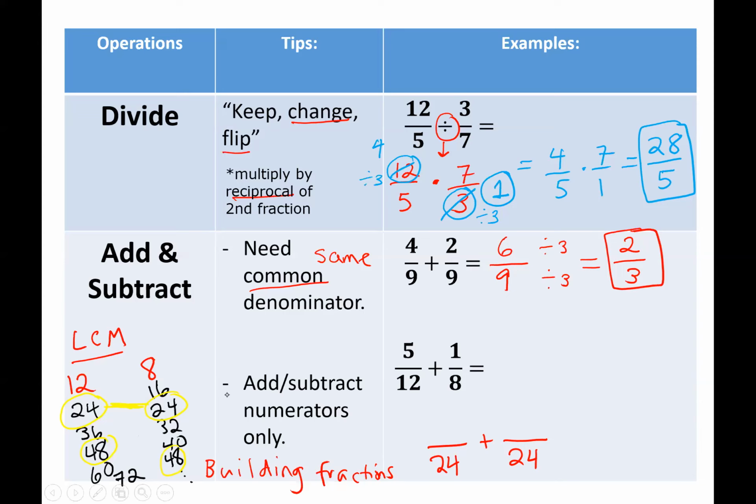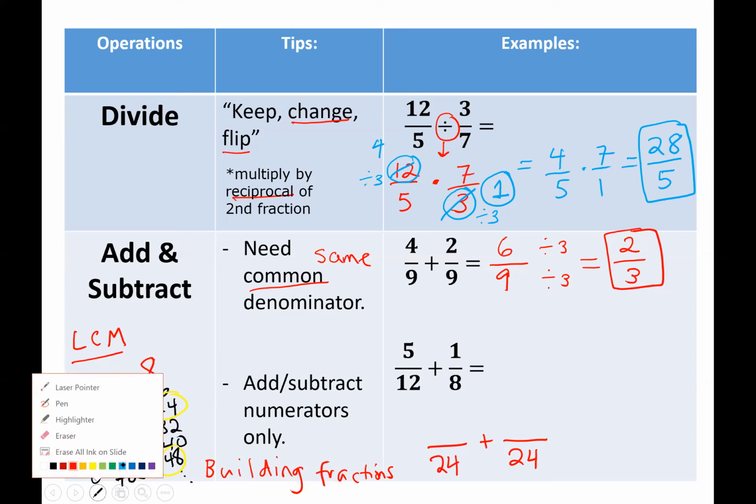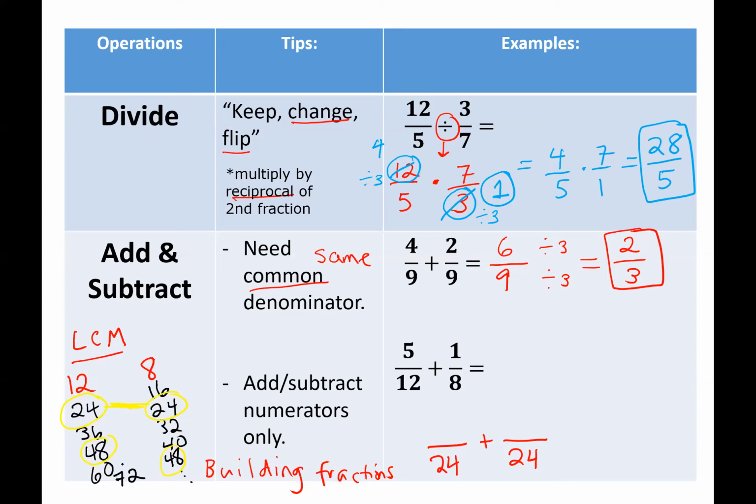What we're about to do next with building fractions is kind of the opposite of reducing. Instead of dividing by the same number in the top and the bottom, we're about to multiply. How would you change the number 12 into 24? Well, 12 times 2 is 24.